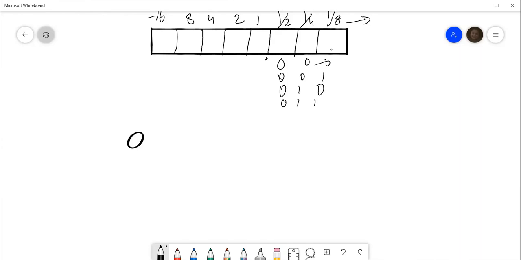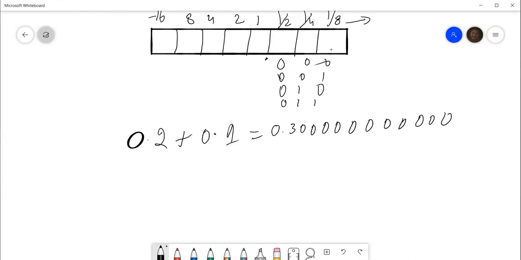And this happens when the hardware is designed in a way that somebody is trying to add 0.2 plus 0.1 and the system might give a result something like 0.30000000000000001. The computer might give it something like this. So why is it happening?